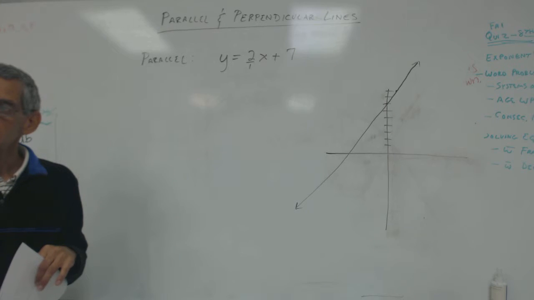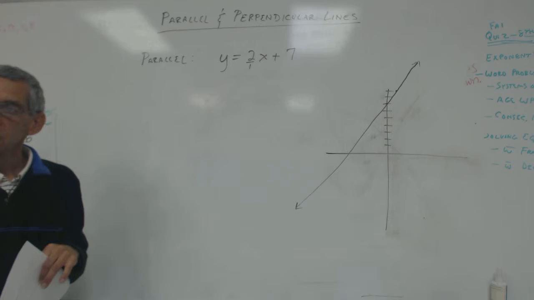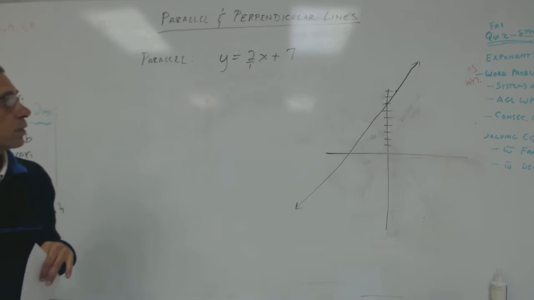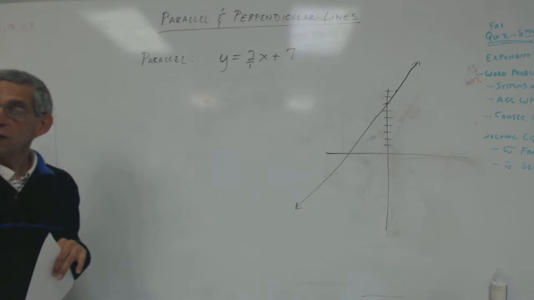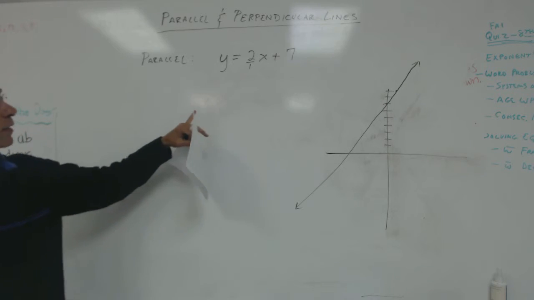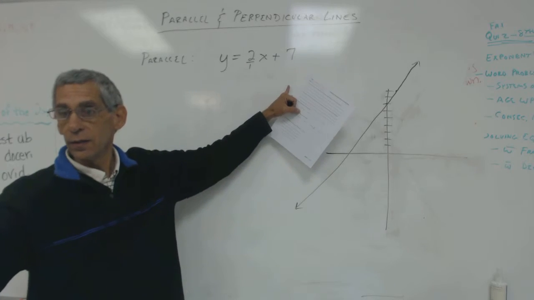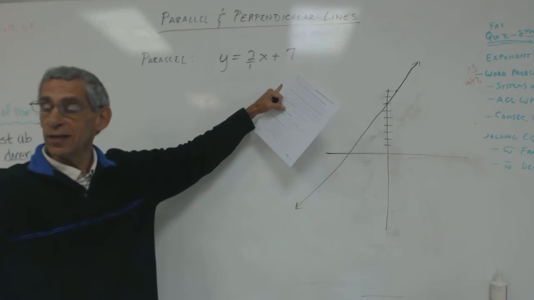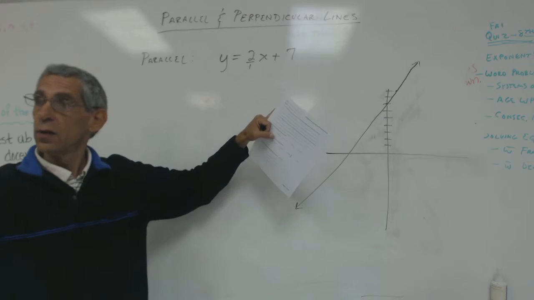The 7, okay, so your idea is to keep everything the same except change the b to a negative, or lower it 1 or 2.